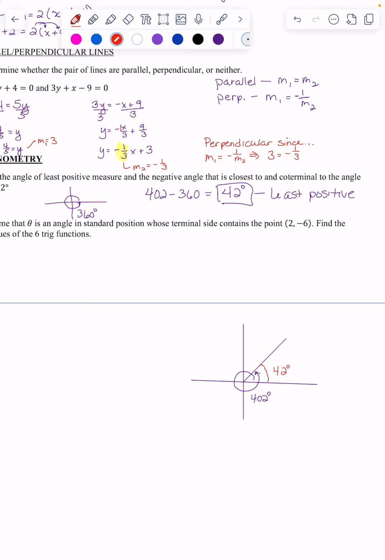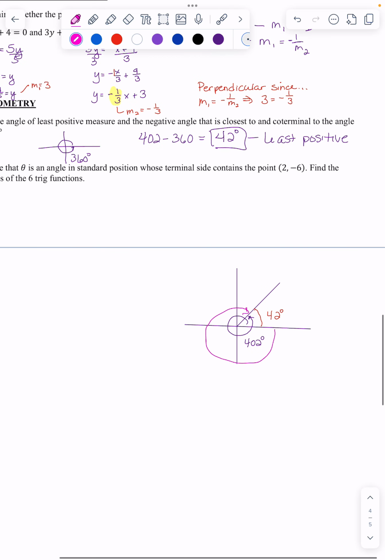If I want to know my negative angle, basically I'm going backwards around. I'm saying, okay, what's this angle right here? So I'm starting at 360 and going all the way back to 42. So I'm going to say 360 minus 42, and that's going to be equal to negative 3.